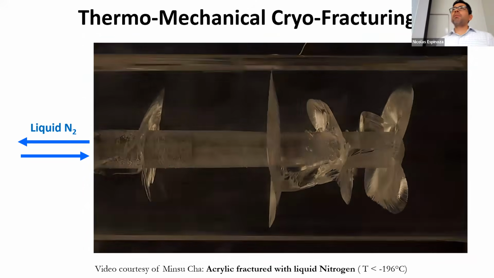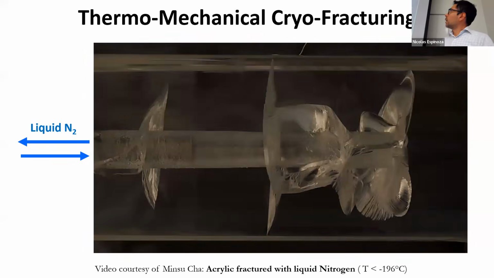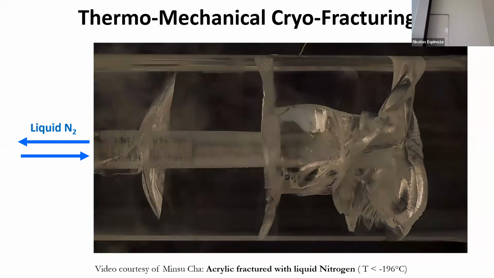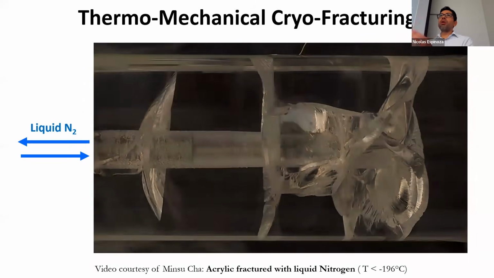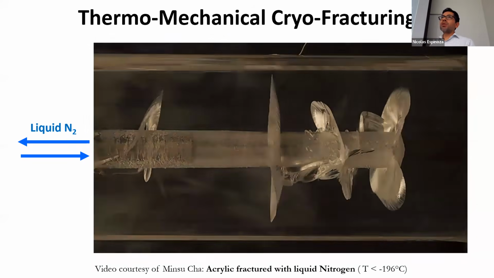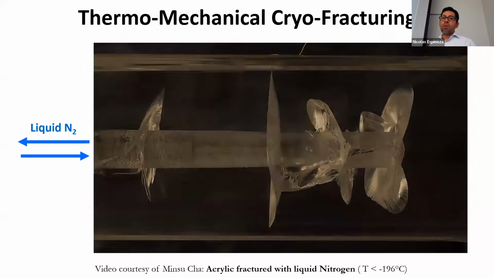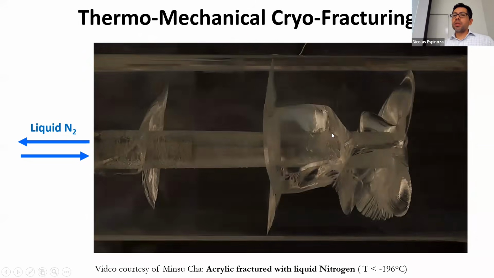Let me show this cool example that allows you to see that directly. Here, what we have is an acrylic block, and liquid nitrogen is being injected in this sort of borehole. And because of the sharp decrease in temperature around the wellbore, what you have are tensile-driven fractures.